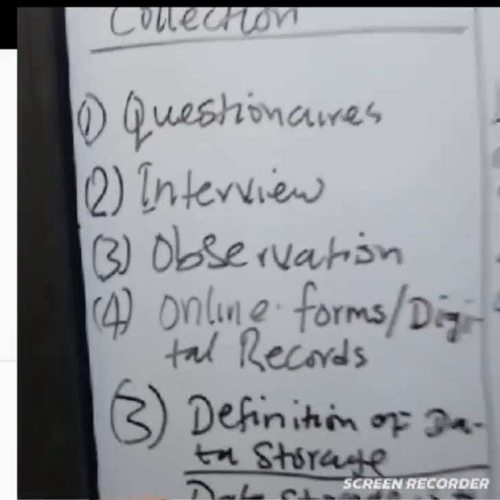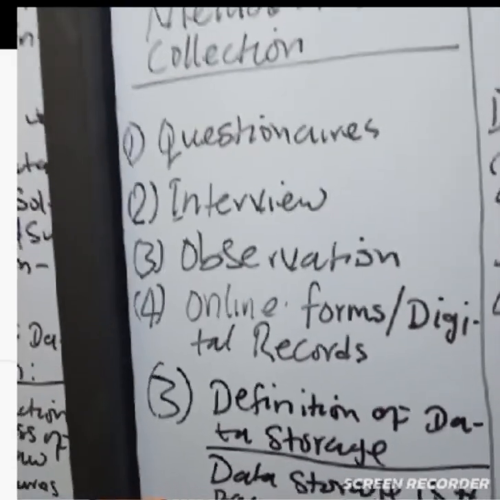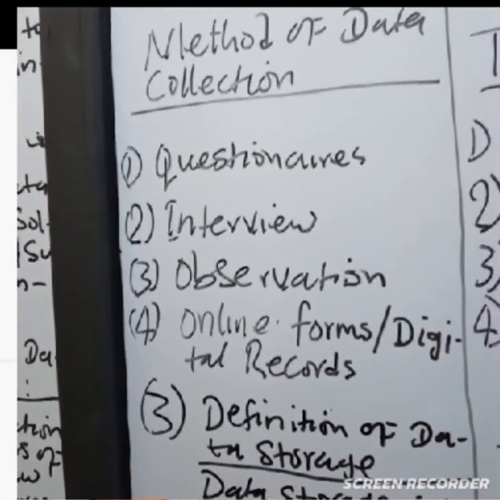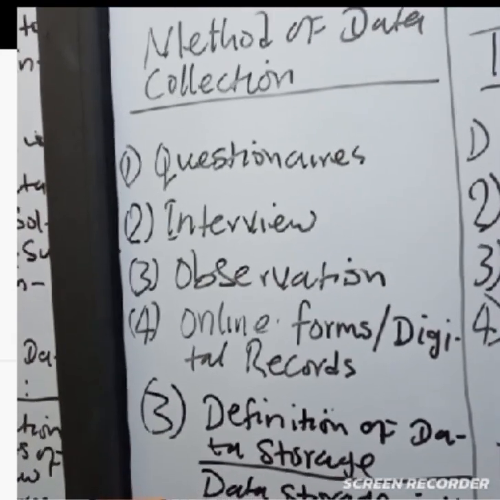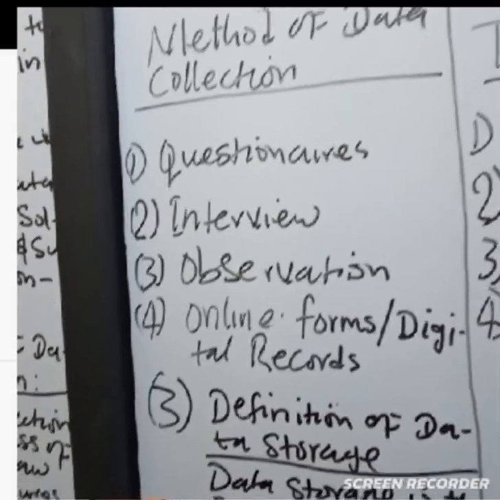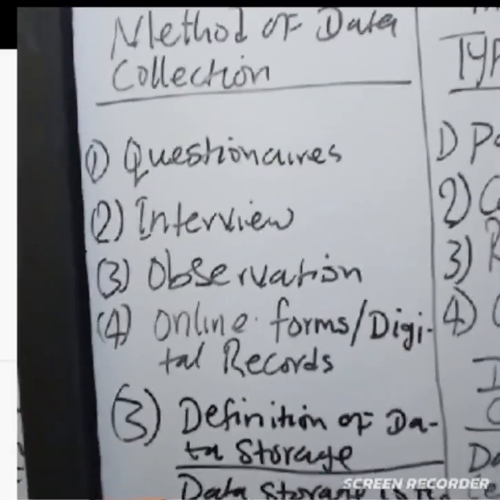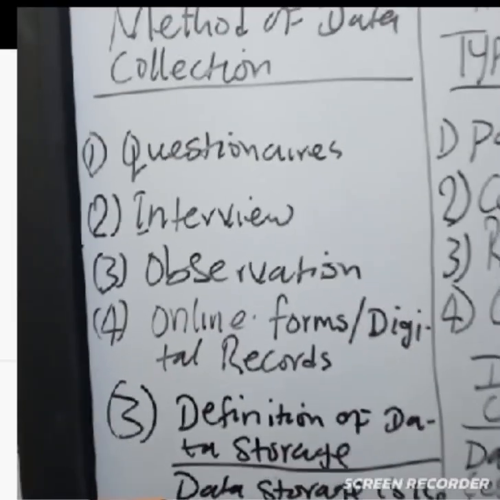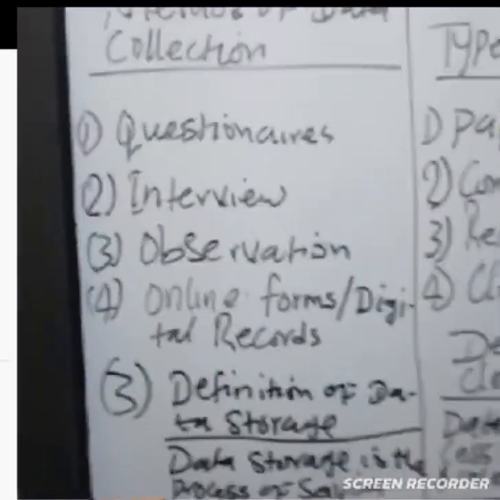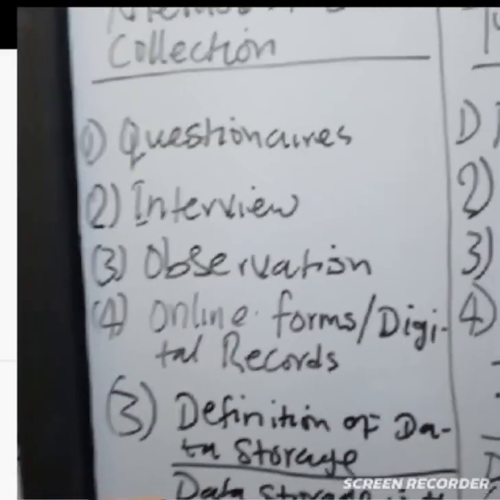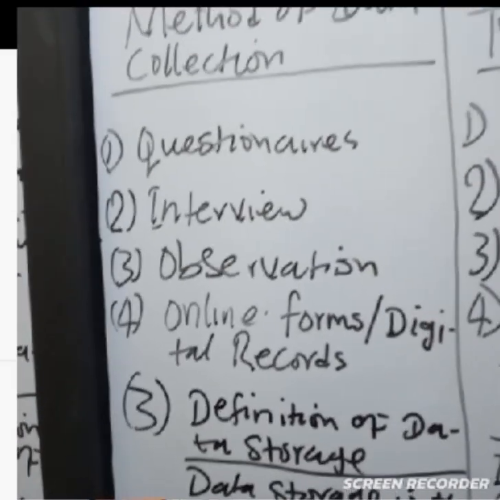Then the third method is observation. Observation is collecting data by watching and recording events. Like when you are watching this lesson, you watch and put down the notes I have given here for better understanding. That is observation: you observe the lesson and take down notes.